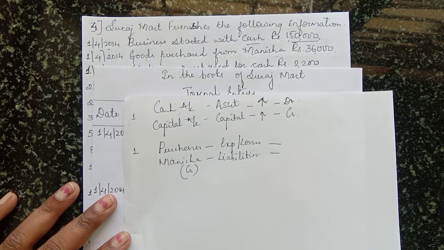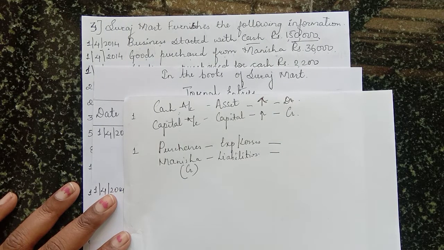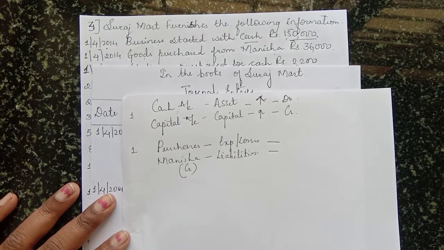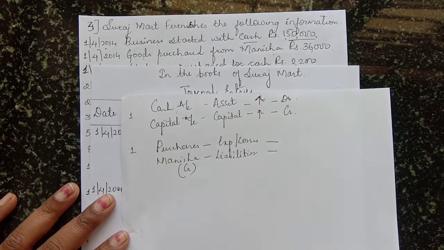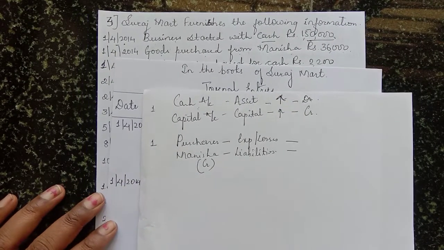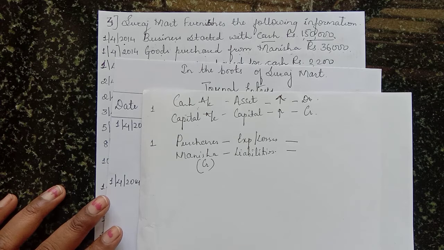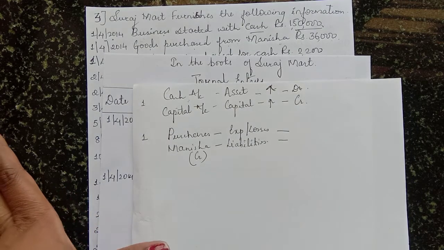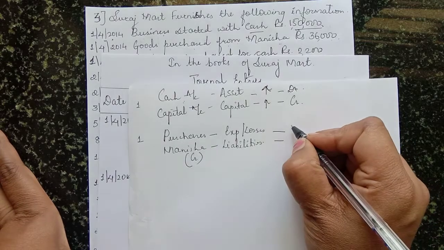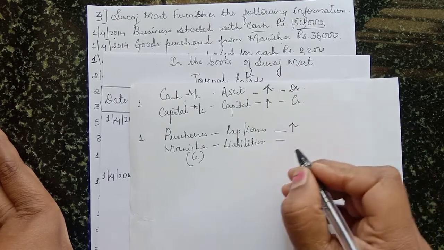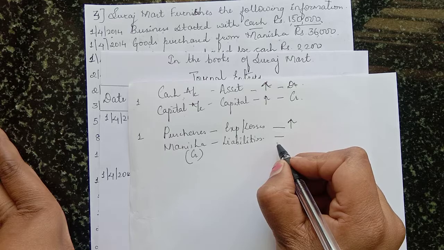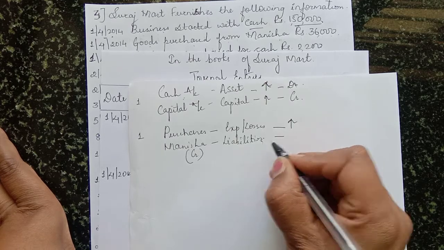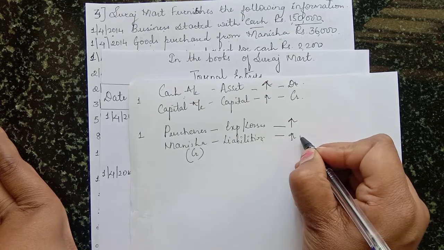Now apply the rule. When you purchase the goods, your expenses are increasing. And when you purchase the goods on credit, your liabilities are increased, right?